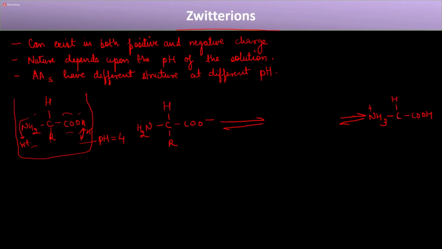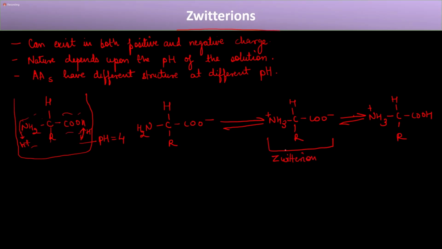Then there will exist a time where this amino acid will have both negative and positive charge, and this structure is known as the zwitter ion.